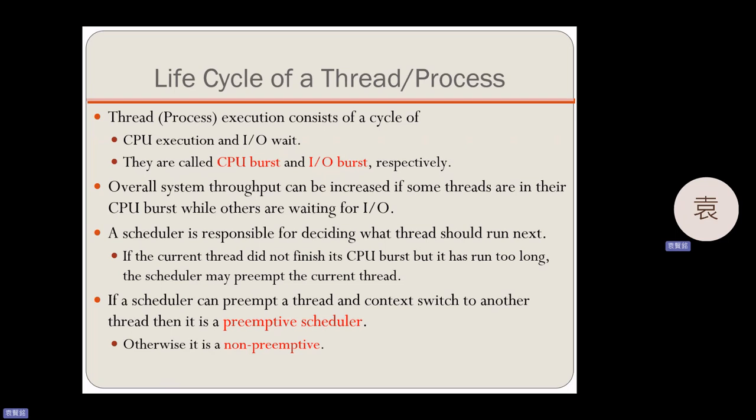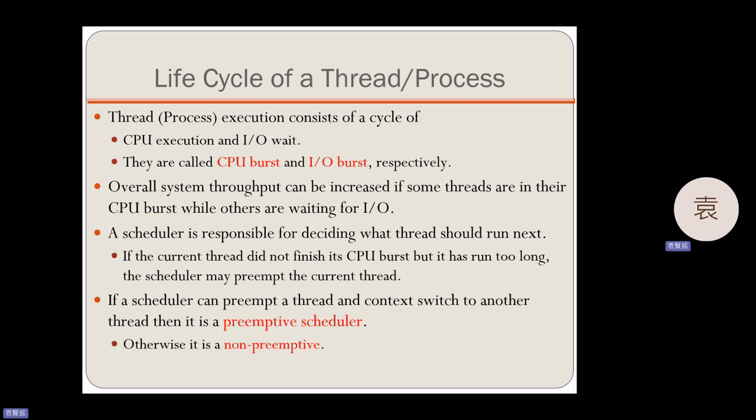So the overall system throughput of a computer system should be able to increase when some threads are in their CPU burst, while the I/O devices are used by other threads. The overall system throughput can be increased because not all the processes are waiting for the CPU.